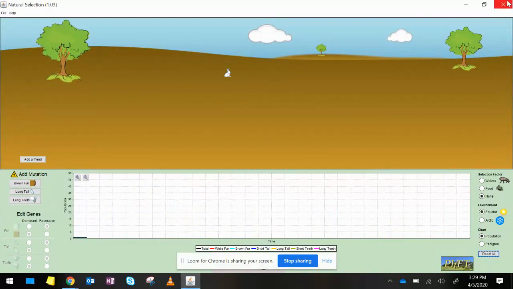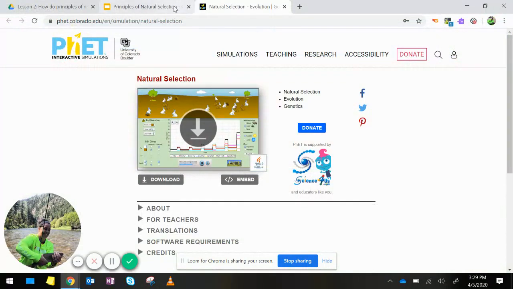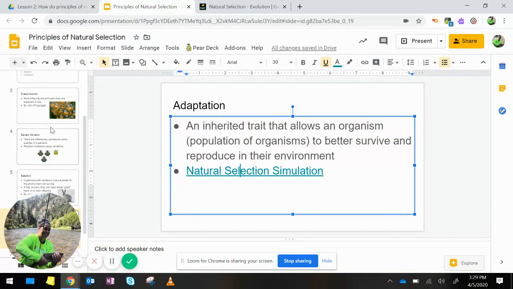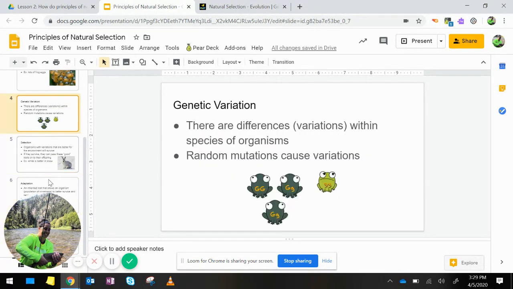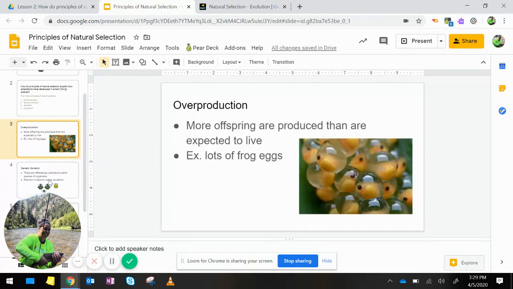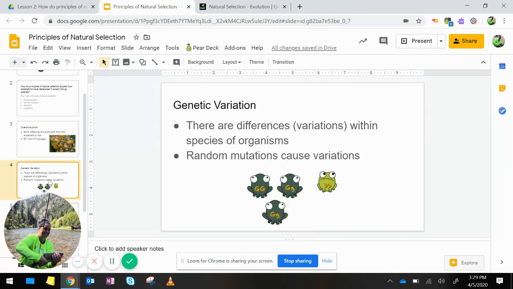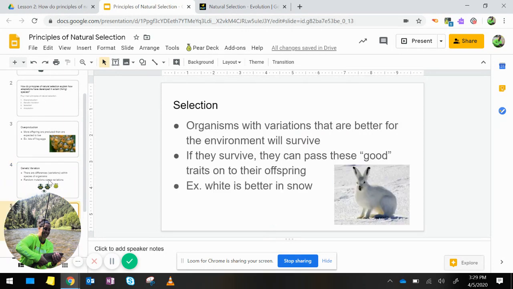Okay. So if we go back, I want to just kind of go back through and review. Overproduction, more offspring are produced than expected to live. Genetic variation, there are differences within species of organisms.